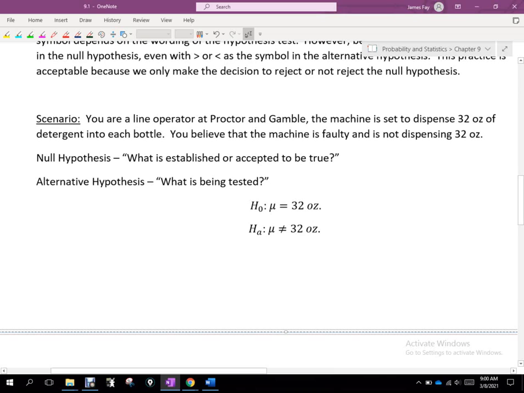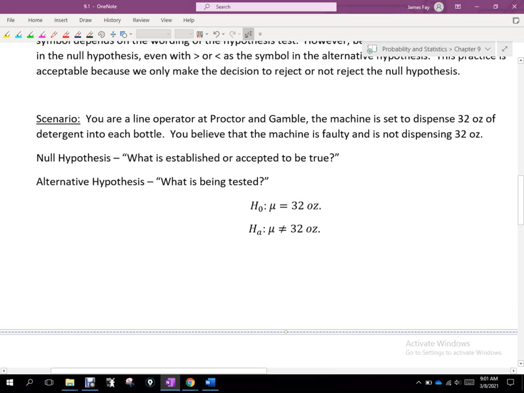Does that make sense? The key phrasing, though, and we'll talk about this later on, I'll give you ways of summarizing our results. Right now, we will never say, just because I reject this, that I accept this. We will summarize that this is probable, but I'm not going to accept it because we're only looking at samples, and unless I have the entire population, I cannot be 100% certain.